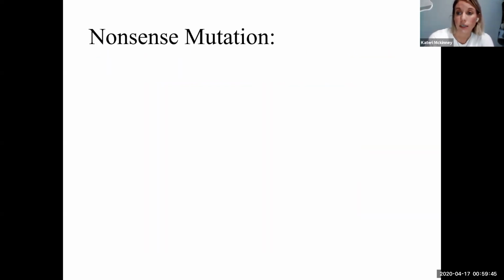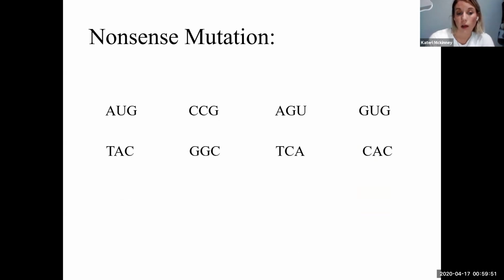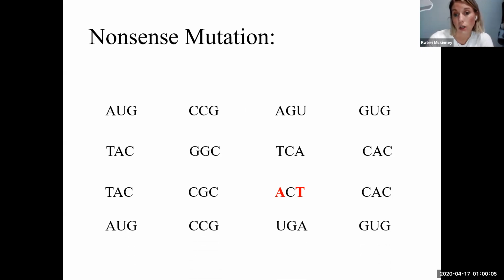A nonsense mutation is a premature stop while reading the translation. So right here we have our regular sequence up at the top, the AUG, CCG, AGU, and GUG. But what if we switch out in the third sequence, the A, we switch out this for this, like this. So instead of getting the AGU, we get UGA right here.